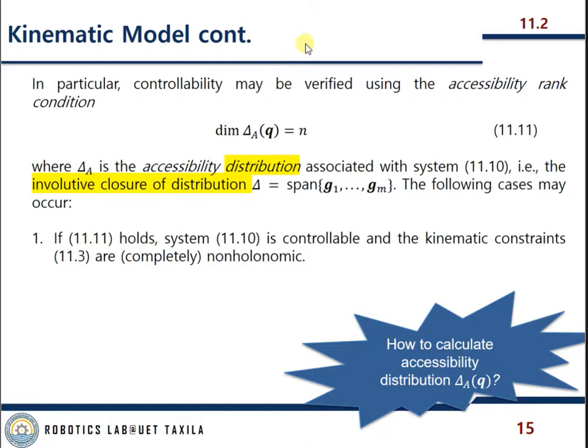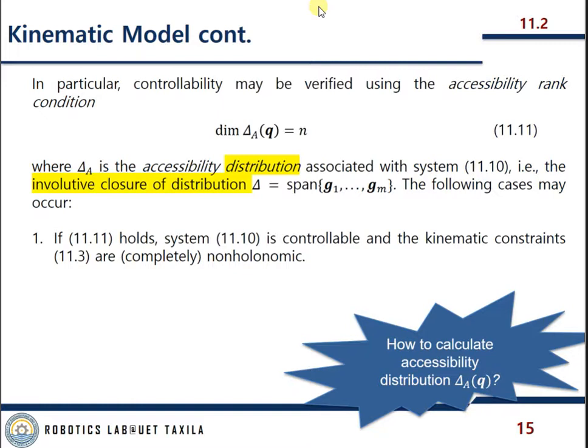The following case may occur. Number one, if 11.11 holds, system 11.10 is controllable, and the kinematic constraints 11.3 are completely non-holonomic.